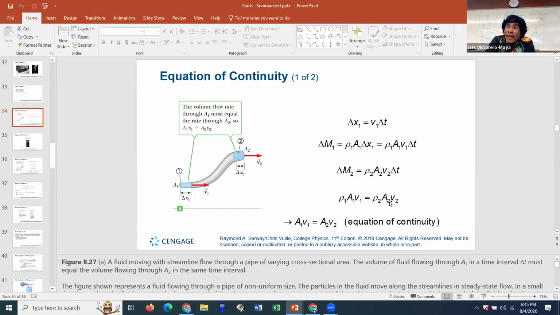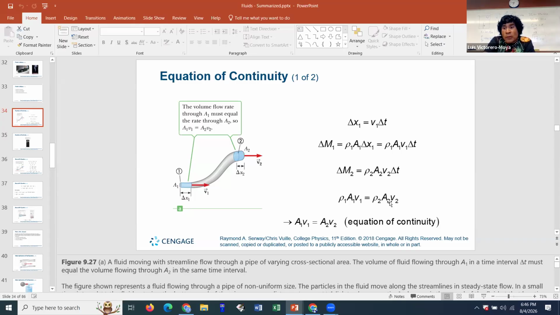By the way, area times velocity has a name. We call it the flow rate. The flow rate of water in a pipe is equal to the area of the pipe times the speed of the fluid.